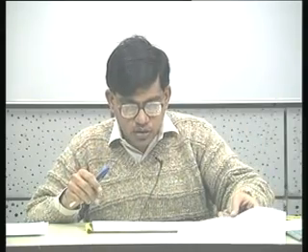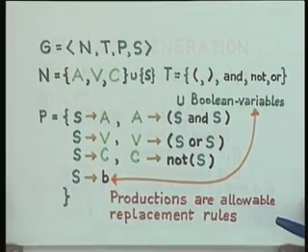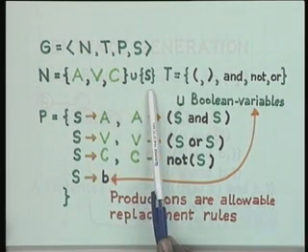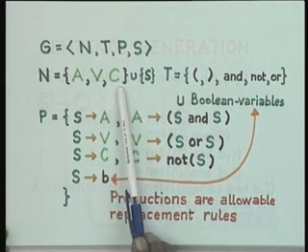So here is a simple grammar specifying Boolean expressions. There is a start symbol S. Every grammar should have a start symbol S and some grammatical categories.